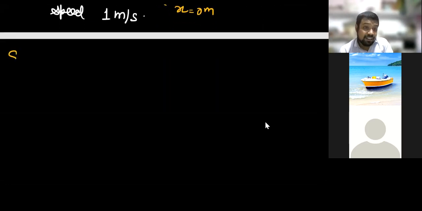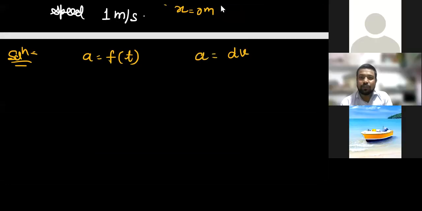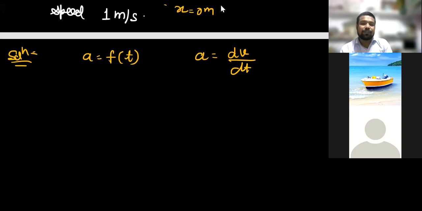Okay, so here the acceleration is a function of time. Niranjan, it's a wrong answer. Acceleration is a function of time, so as we know, a is equal to dv over dt. Okay, my dear friends, let us see, a is equal to 8t plus 6.